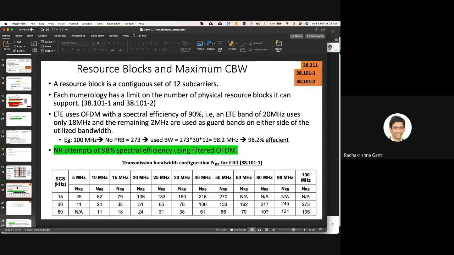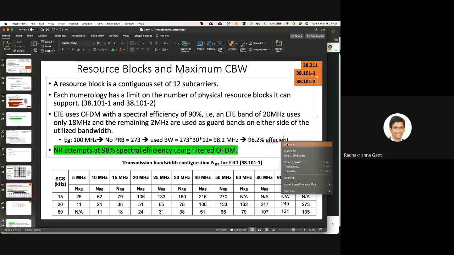This is where we were yesterday, trying to understand the efficiency of OFDM in 5G, in terms of spectrum usage, not spectral efficiency.